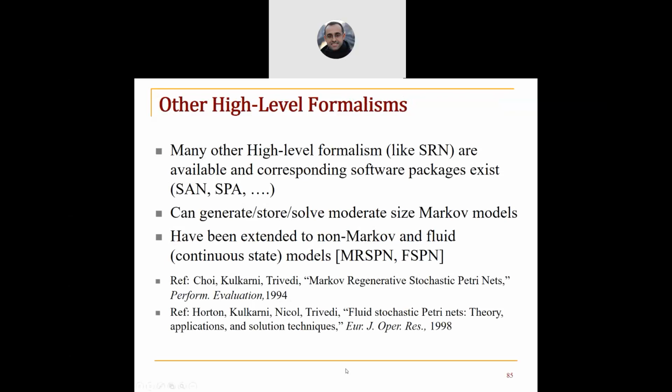So I've given you a reference here, the very first paper on Markov regenerative stochastic Petri nets and performance evaluation in 1994, and a series of papers we published on fluid stochastic Petri nets. This one is from European Journal of Operations Research in 1998. There's a lot more literature available on both these topics.